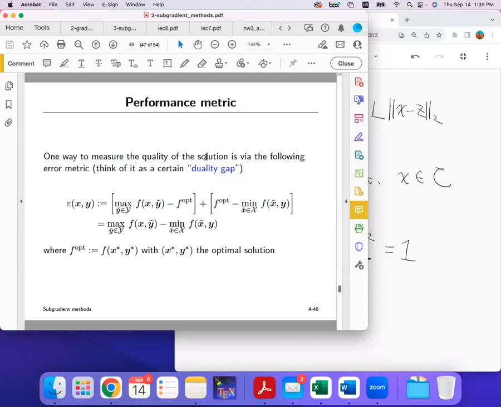Well, we denote the function value at the equilibrium point as f optimum. And I'm looking at, for this given x, the maximum value over y and subtract this equilibrium point.